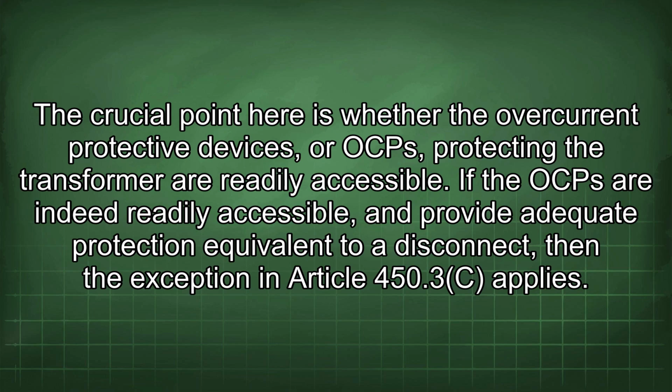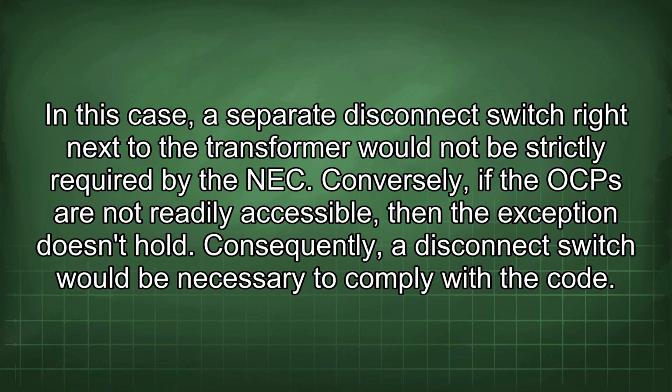If the OCP are indeed readily accessible, and provide adequate protection equivalent to a disconnect, then the exception in Article 450.3c applies. In this case, a separate disconnect switch right next to the transformer would not be strictly required by the NEC. Conversely, if the OCP are not readily accessible, then the exception doesn't hold. Consequently, a disconnect switch would be necessary to comply with the code.